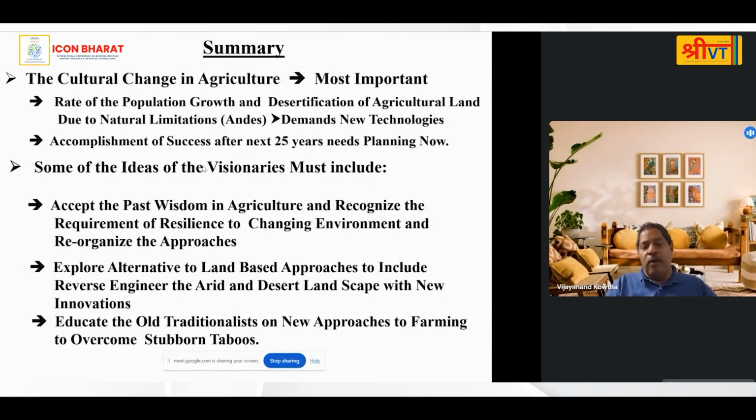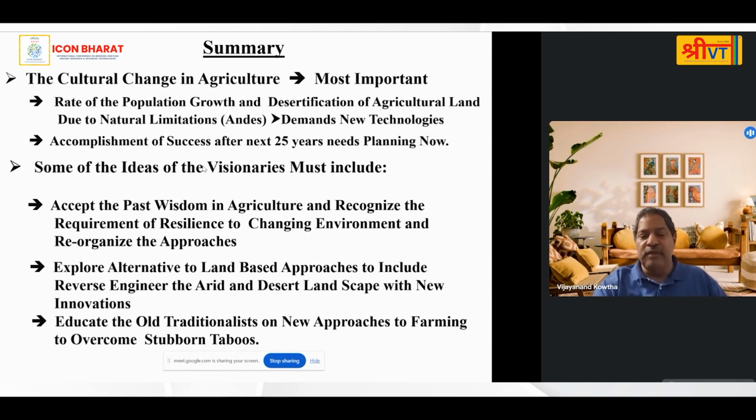The main issues are the population growth, the desertification, land, and natural limitations, what the Andes are like. But using new technologies, they have accomplished successes that we can learn from. Some of the ideas and visions must include the past wisdom in agriculture, recognize the requirements and resilience to a changing environment, and reorganize the approaches.